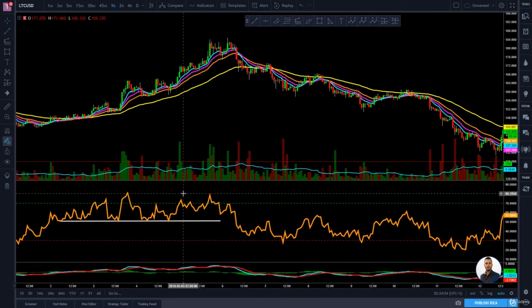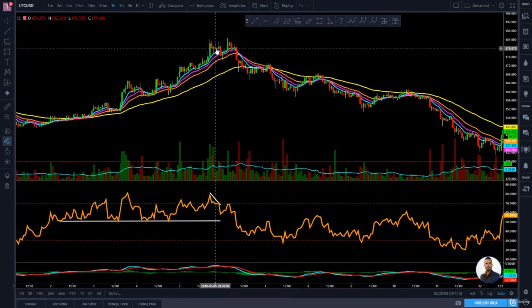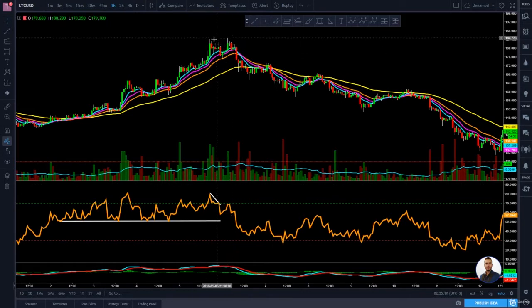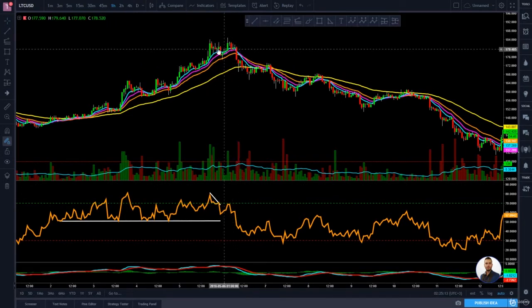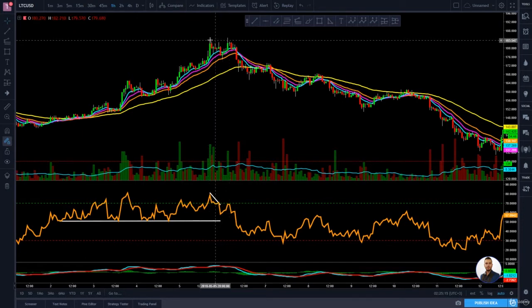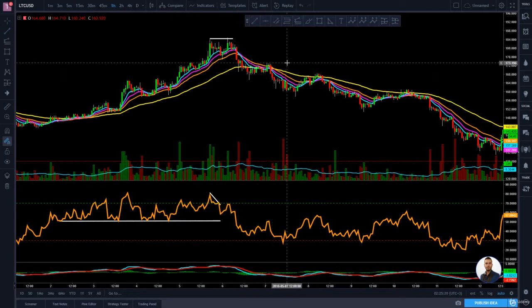Here on the RSI we see a small bearish divergence, but we will stay in this trade until we see a big bearish divergence like up here, and for me that is the best time to sell, because if you look at the price chart we see this whole region right here with a lot of wicks rejecting from the upside, and it also forms a double top, which means that we found resistance at this area of $184 per coin.